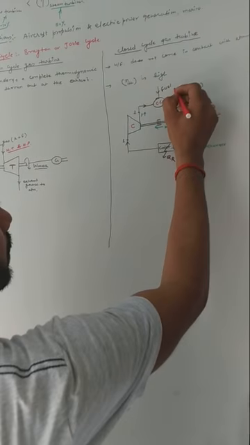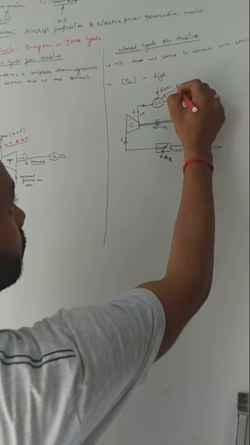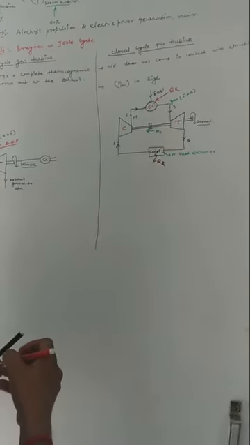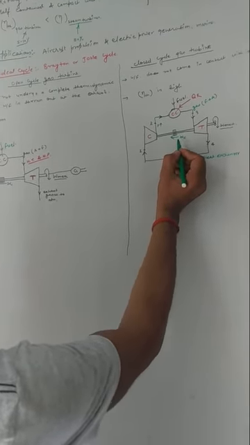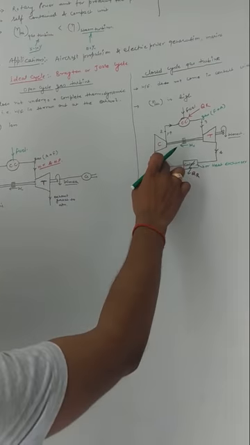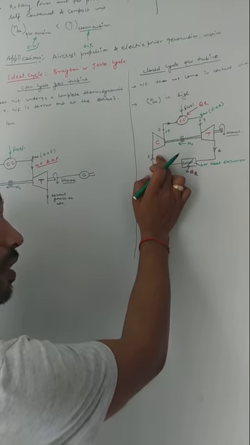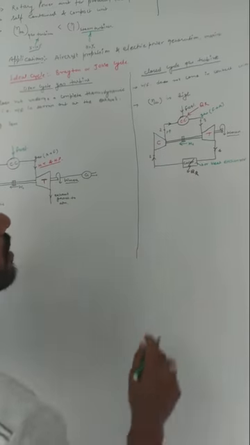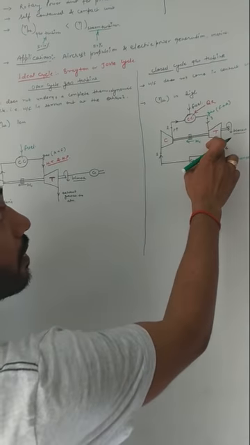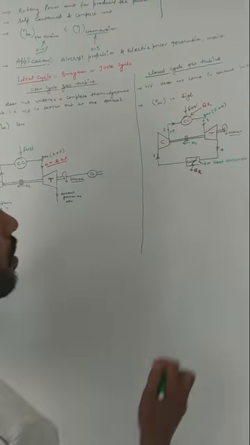Okay, and there is work supplied to the compressor to run the compressor to compress the working fluid. So there is a supply of the work, and here at the turbine you will get the work output at the shaft. Okay.